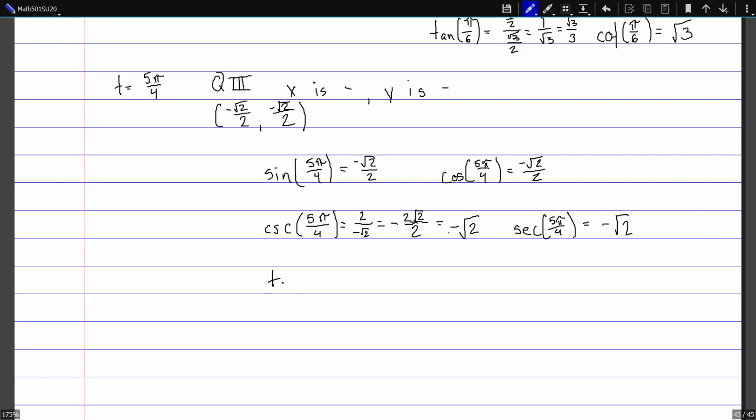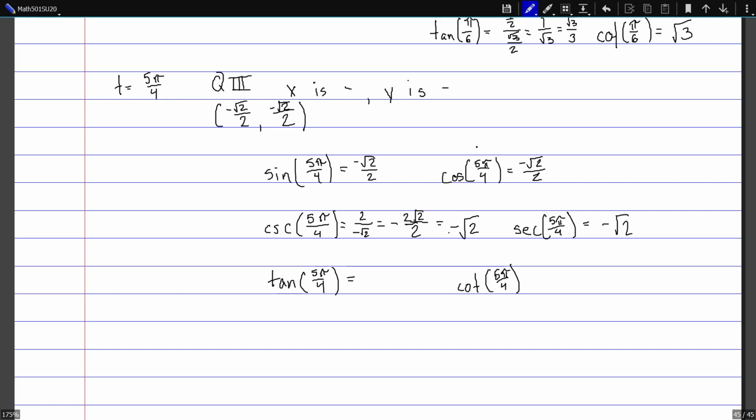What about tangent and cotangent? Well, in each case, we notice something here. This is something we actually talked about in that previous lecture. On these 45 degrees, whether we're in quadrant 1, 2, 3, or 4, we notice that ignoring sign, x and y were essentially the same value. In fact, in quadrant 3, x and y are exactly equal to each other.